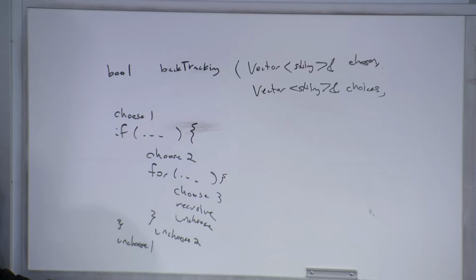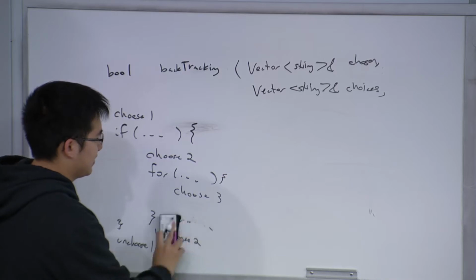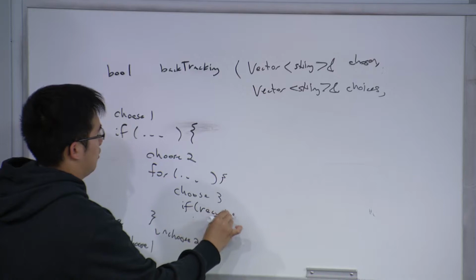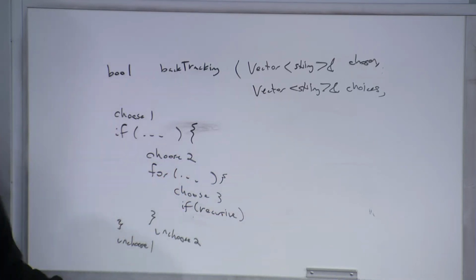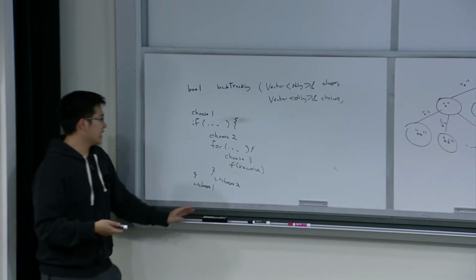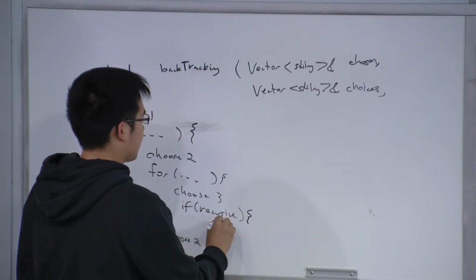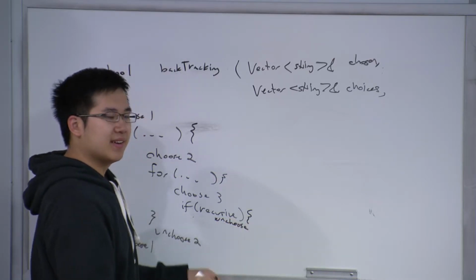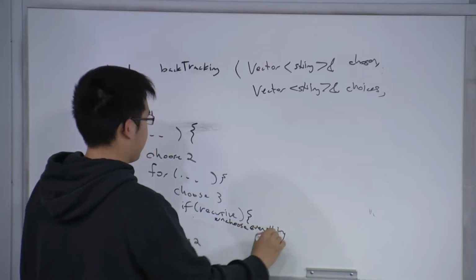The one thing to worry about is if you sometimes have this: if the recursive call returns true, then you return true. Sometimes the problem will state that at the end of the function, you have to remember to restore everything, in which case, before you return, you should unchoose everything that is necessary, and then return true.